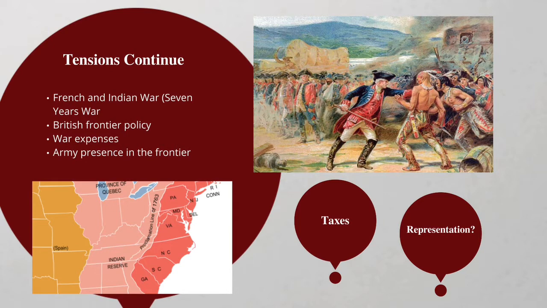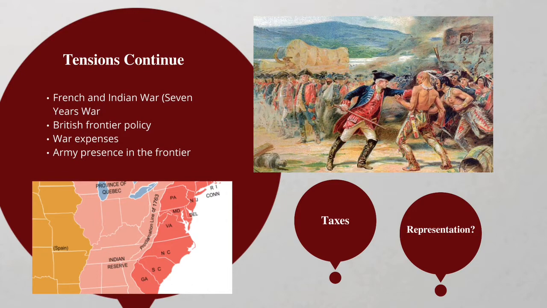All right, so the British built a long chain of forts and sent more troops. And then, of course, rather than help pay for this protection, as Britain requested, the colonists believed that they could defend themselves and mistrusted the British Army's presence during this peacetime. So at the time, citizens in Britain paid heavier taxes than the colonists did, and Parliament thought the colonists should therefore pay their fair portion.